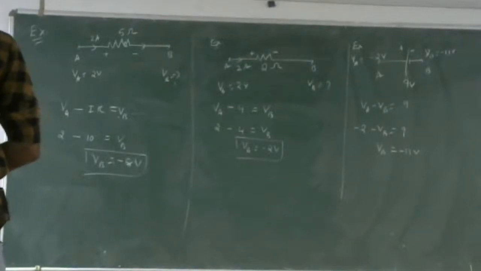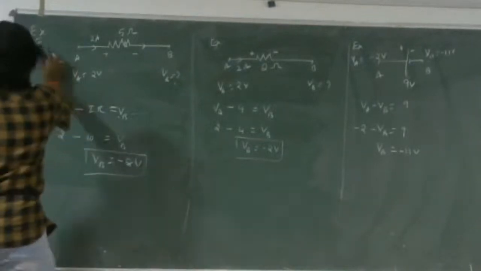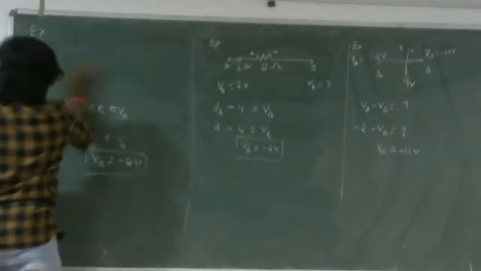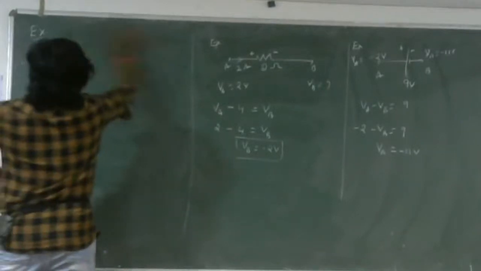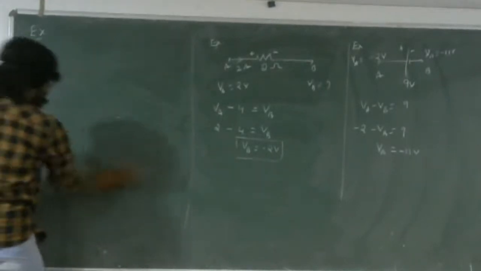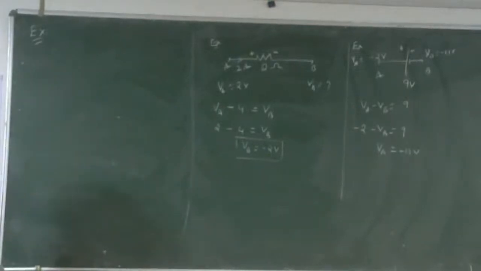That's it. Clear? Everyone? Next. So I have dealt with one single resistor case. Well, let us say 2 elements. If you consider 2 circuit elements, it means like 1 resistor and 1 cell, or 2 different resistors, 2 different cells, different combinations.